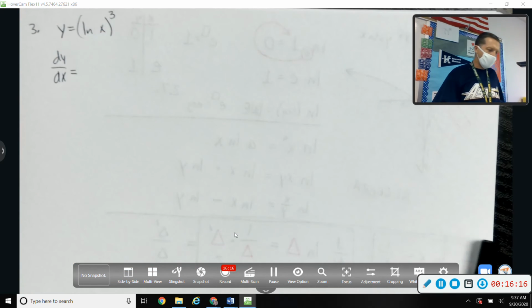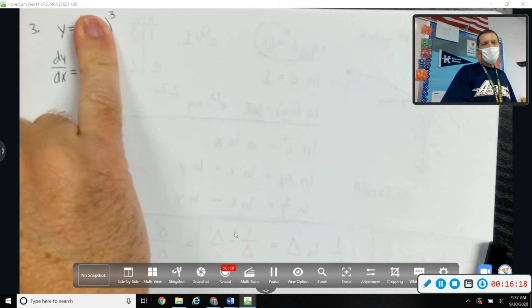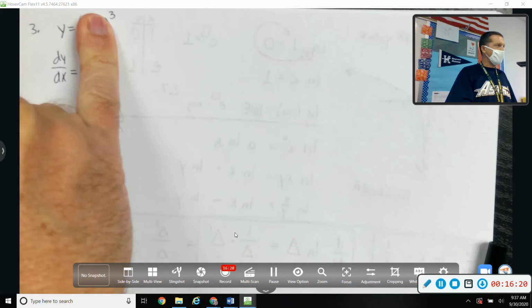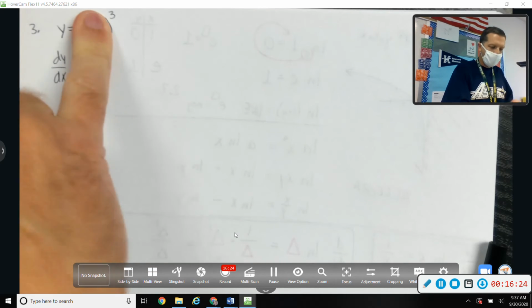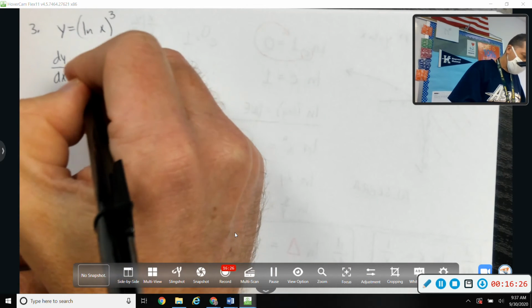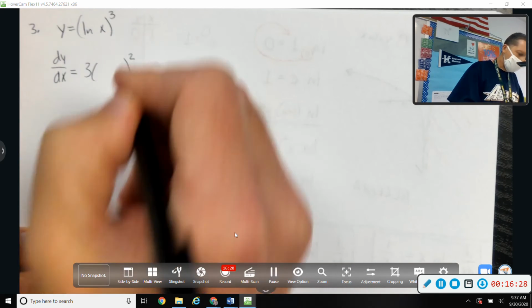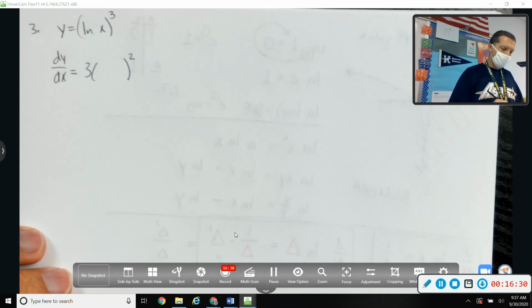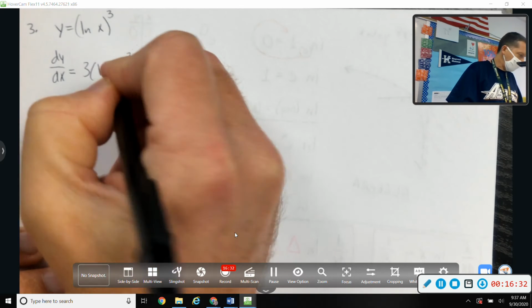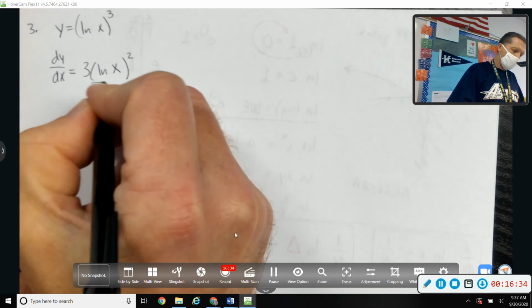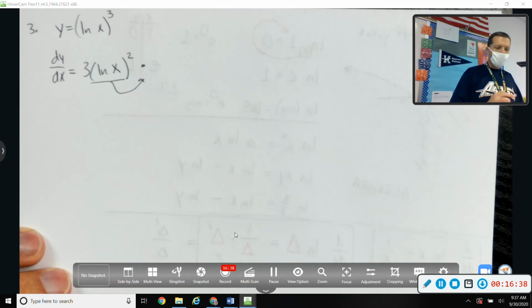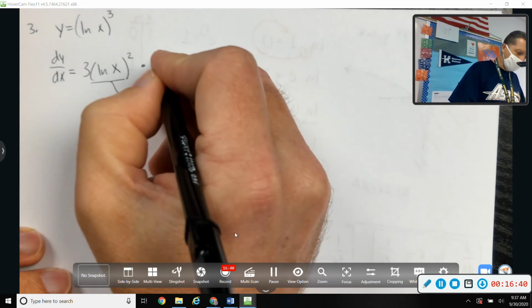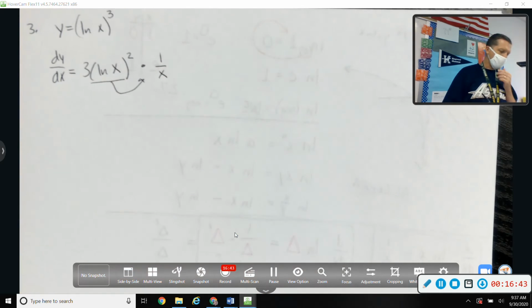So the outside function is the cube. We know how to handle cube. Even if we don't know natural log, we at least know that handling cube is 3 times the thing squared, where the thing is natural log of x. But chain rule, chain that onto the derivative of natural log of x, which is 1 over x.